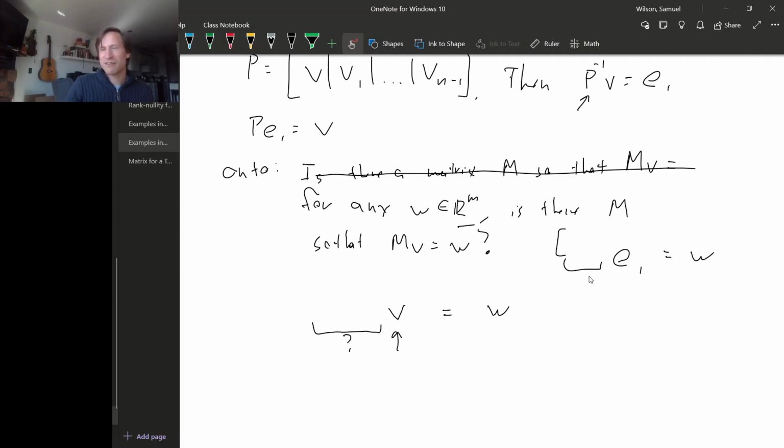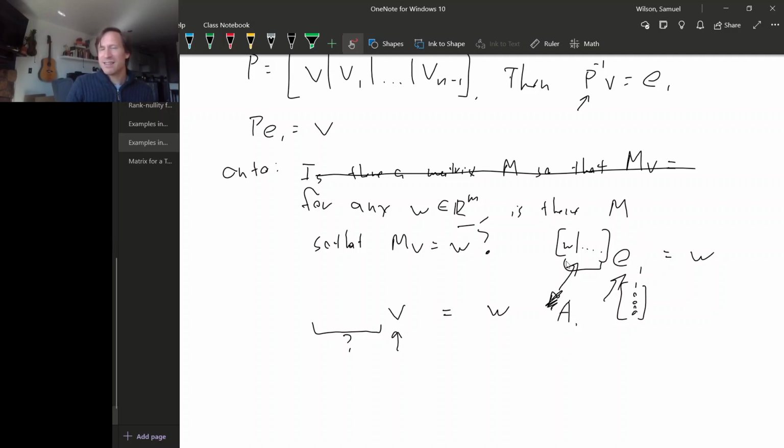E1 is the vector that has a 1 in its first position and zeros elsewhere, and multiplying a matrix by E1 just picks off the first column. So to get the result of this product being W, we would just have to put W in the first column here. So if we had E1 here instead of V, this would be very easy. This would be an appropriate matrix. Let's call this matrix A.